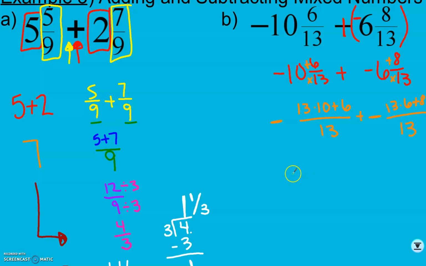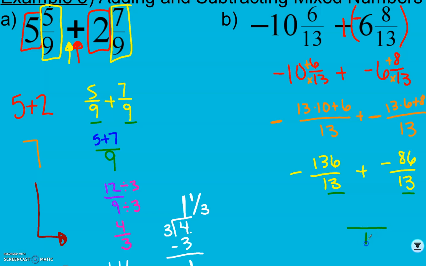This is going to give me negative 136 over 13 plus negative 86 over 13. Same denominator here, common denominator.